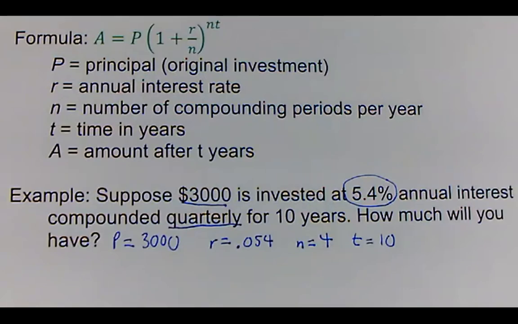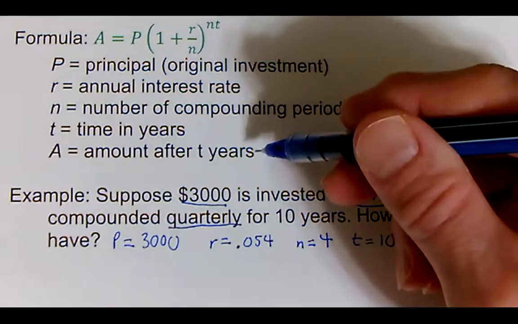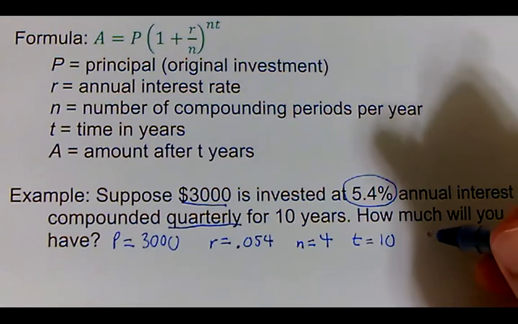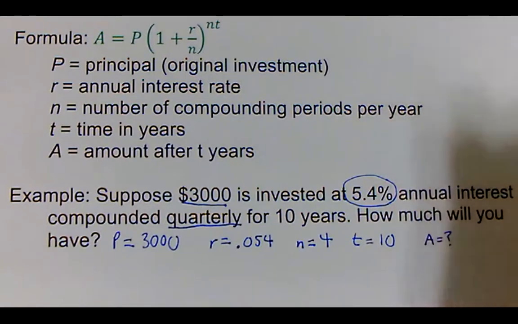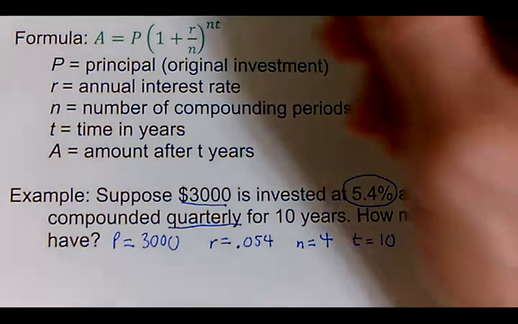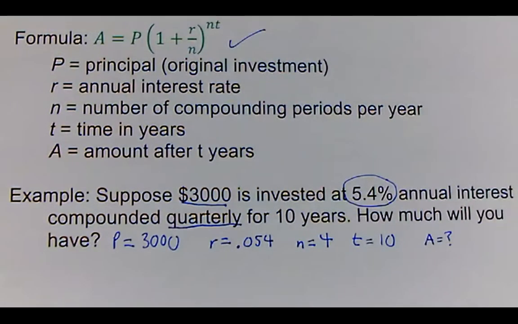Now, what you're trying to find is the amount in 10 years. That's going to be your A. So A is the quantity that you don't know. And we'll plug all of this into my formula up here.